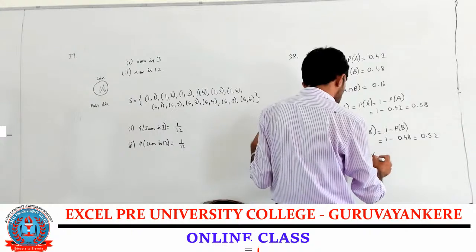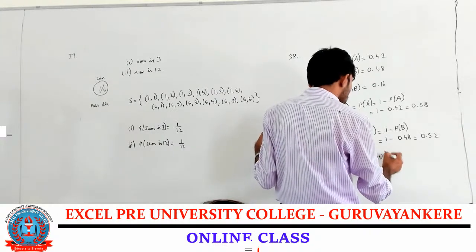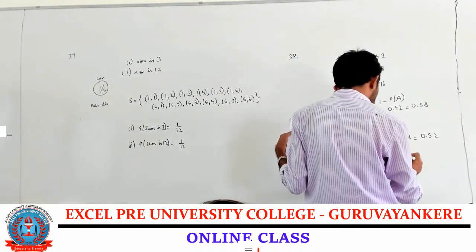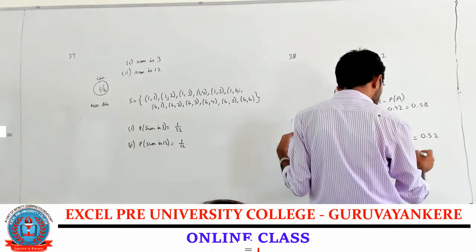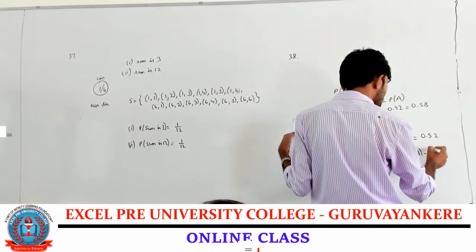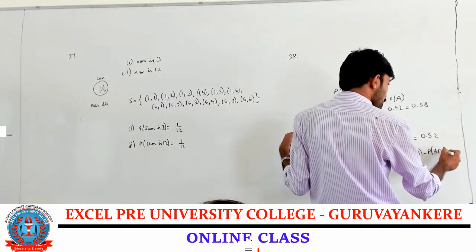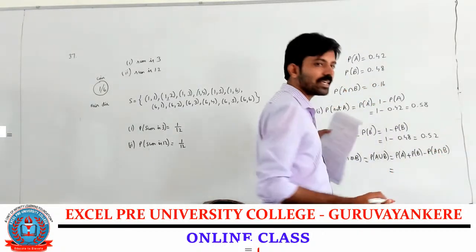P of A or B. A or B is A union B. P of A union B is P of A plus P of B minus P of A intersection B. Here union is 'or' and intersection is 'and'.